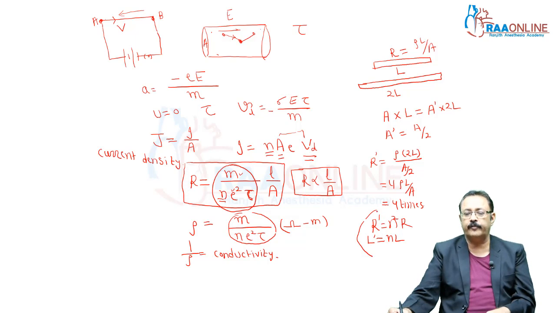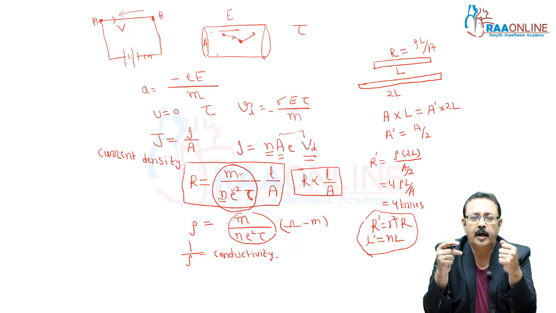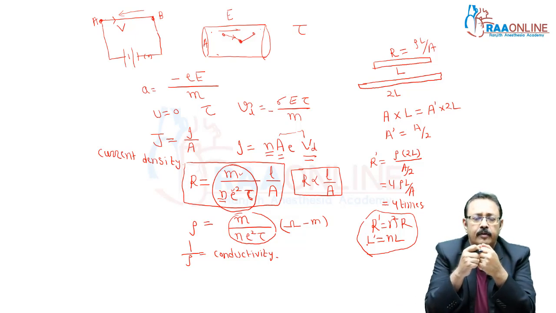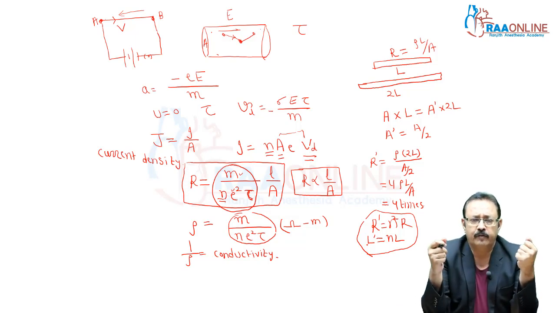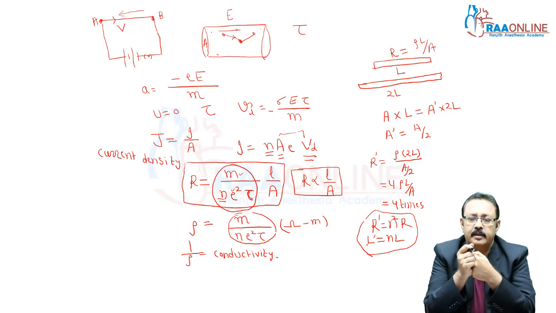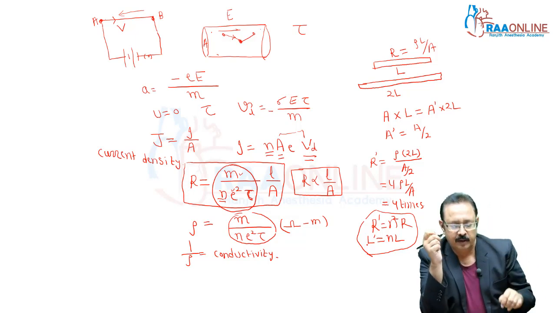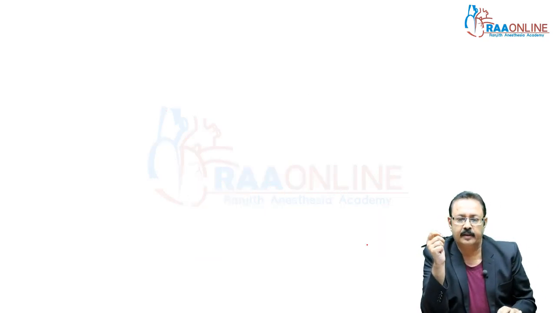It means now if they are saying we stretched a wire and made its length 5 times, what should be the new resistance? Resistance will become 25 times. Getting my point? So remember this.